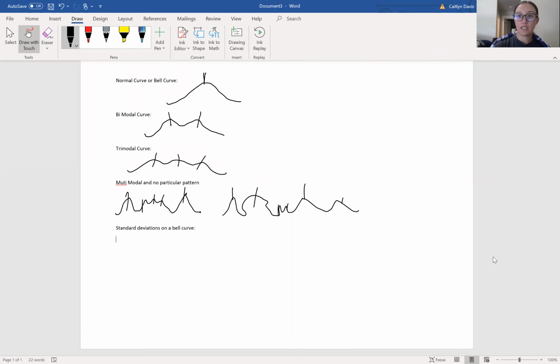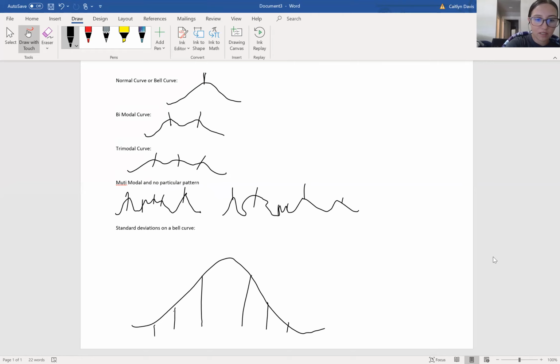So for standard deviations, we use this to help analyze the data that we have, right? We want to know how much of the population should be within these particular areas. So if we draw a bell curve, right about like that, not the best drawer, we should have our first standard deviation about here, our second about here, and our third about here.